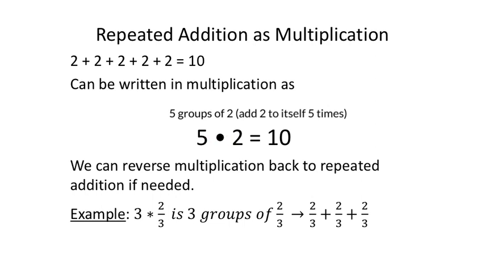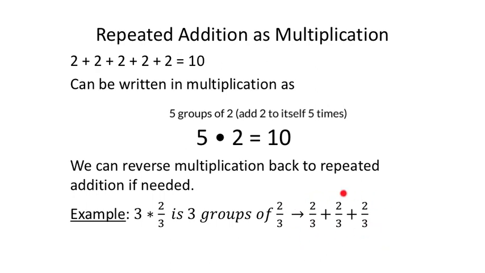What we're looking for here is just to be able to understand the multiplication of fractions, and that's what's shown down here. 3 times 2/3 is 3 groups of 2/3, which means you're adding 2/3 to itself 3 times. While we haven't gone over addition of fractions in great detail yet, we've seen just the surface of it.